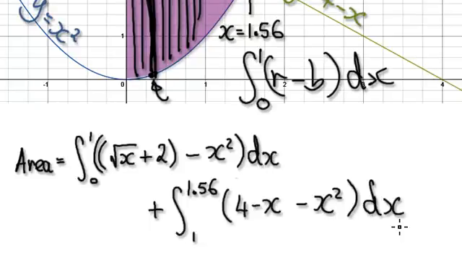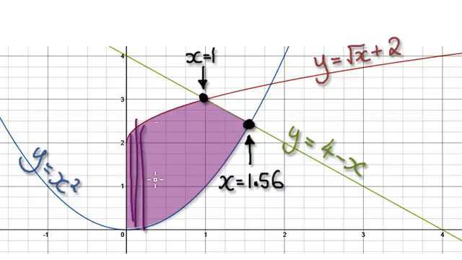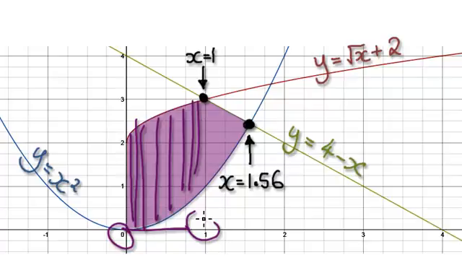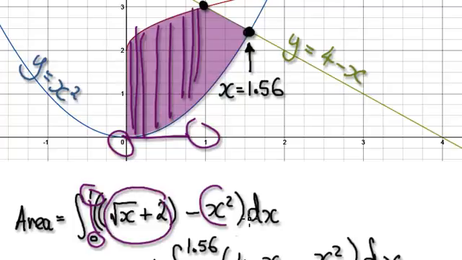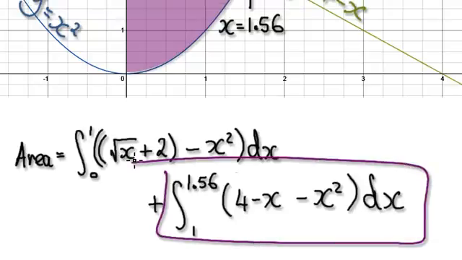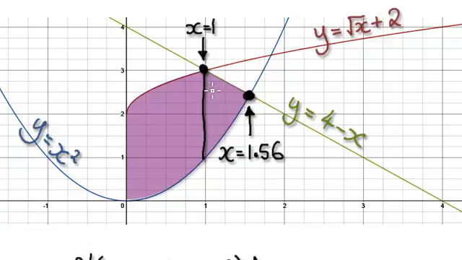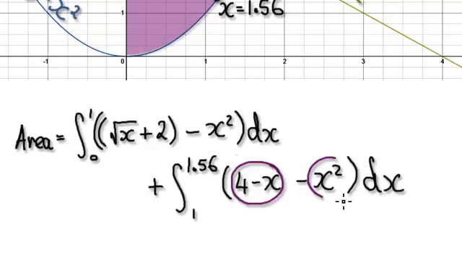Then we add the integral of the second part, which will be from here: the green line, take away the blue line.